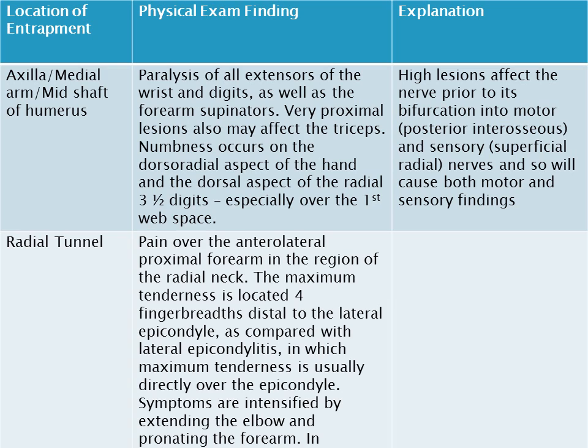And in addition, resisted active supination and extension of the long finger will also cause compression of the radial nerve, either as it dives underneath the supinator muscle, or as it passes between the heads of the extensor carpi radialis longus and extensor carpi radialis brevis muscles.